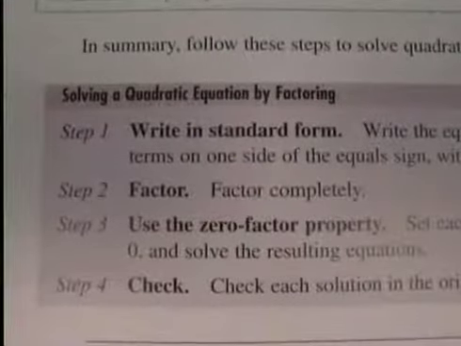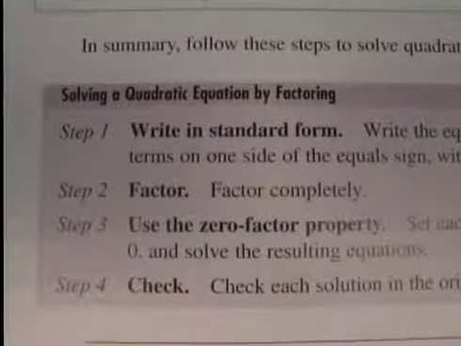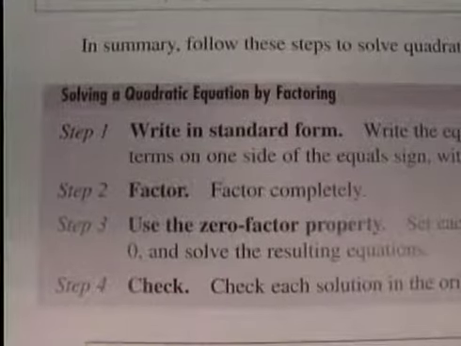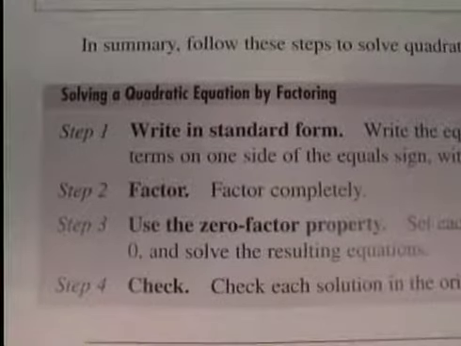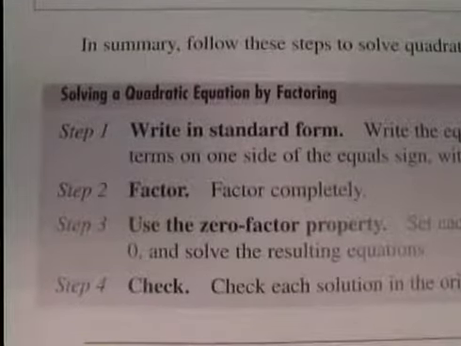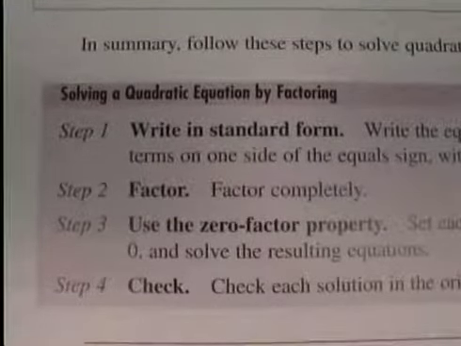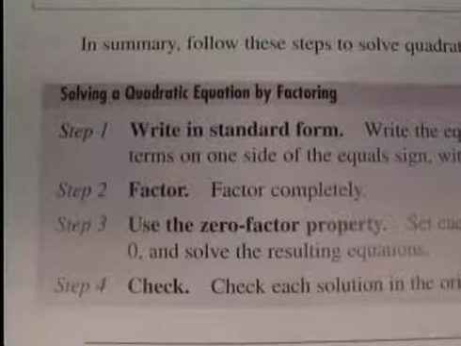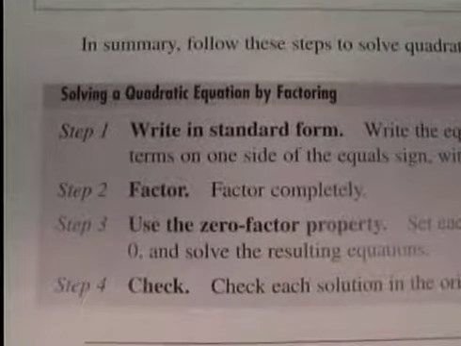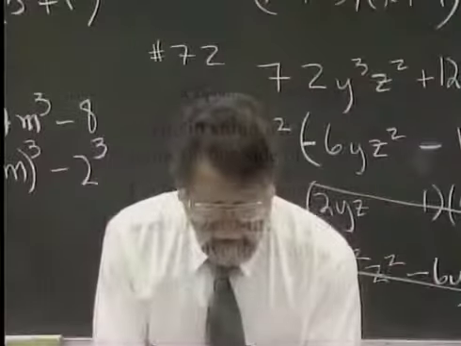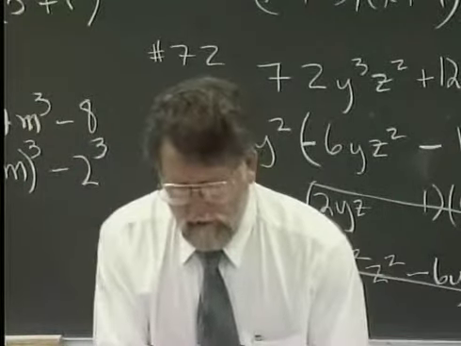You know, they're sort of the 4 steps to happiness. You can think of it more in terms of 3 steps to happiness. Step 1, that's getting 0 on the right side. That's what standard form means. 2, factor completely. 3, then use the 0 factor property to get your solution. The 4th step here is to do what? To check your work.